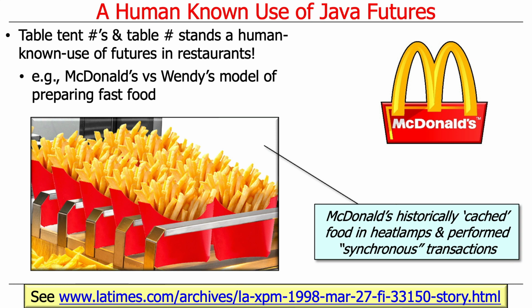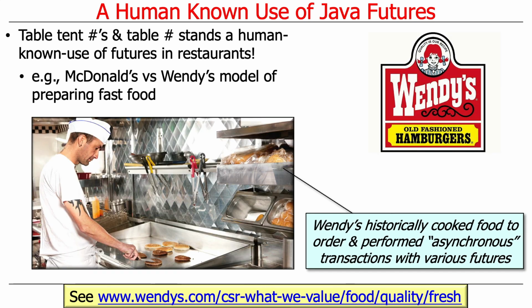And when you went to order, you would come up to the cash register and say, I want a Big Mac with fries and a Diet Coke or whatever. And the person would synchronously interact with you and take your money, turn around, grab the hamburger, grab the French fries, grab the drink, and boom, that was a synchronous transaction. That was the classic way of doing things.